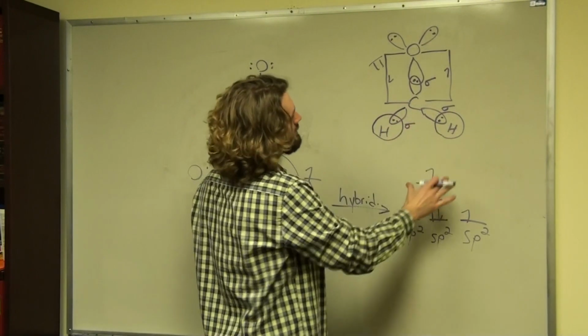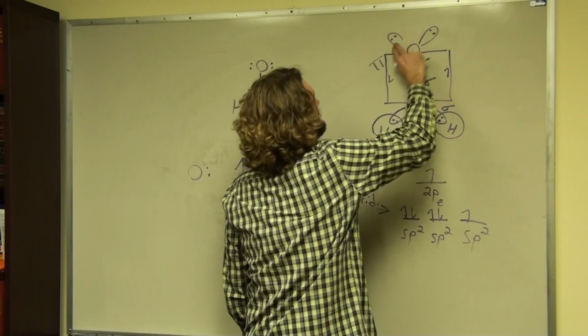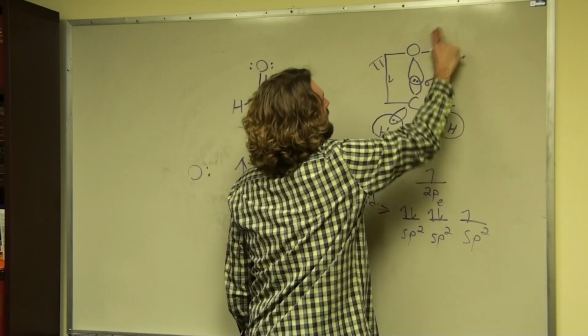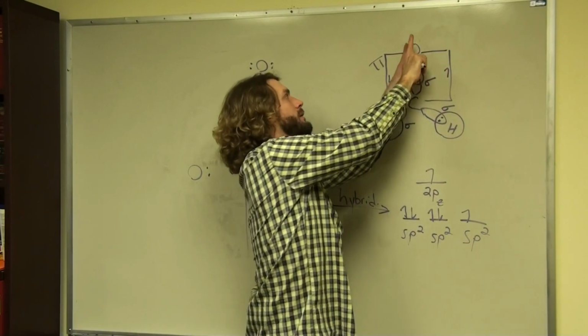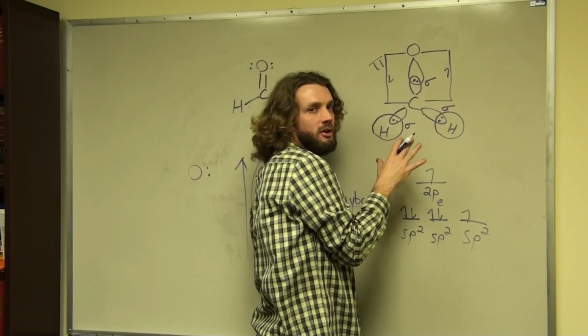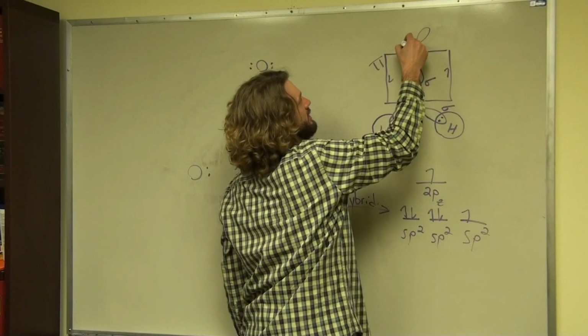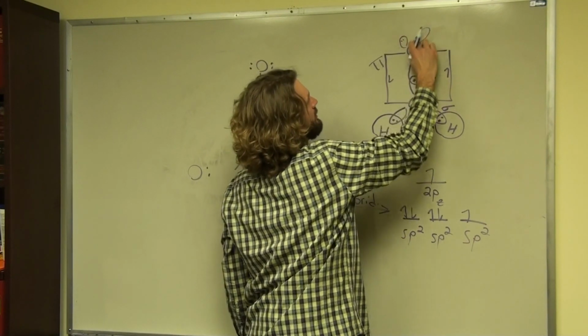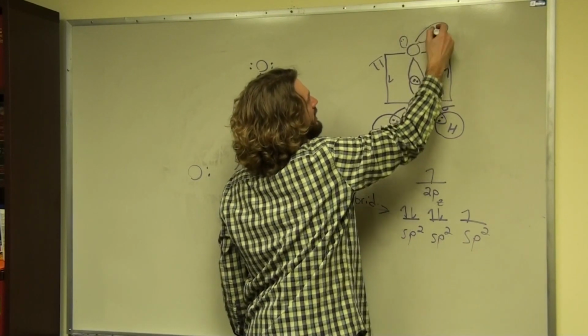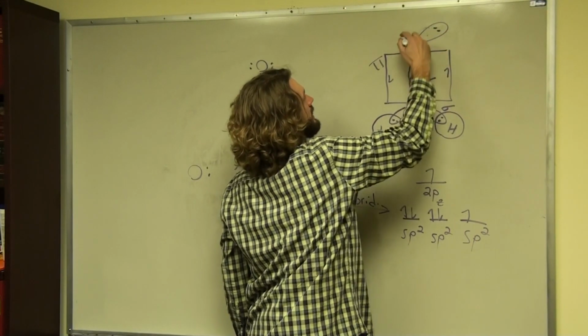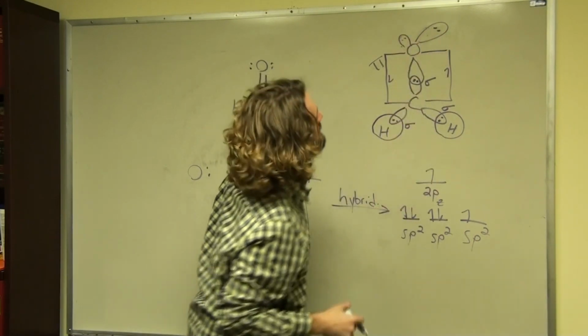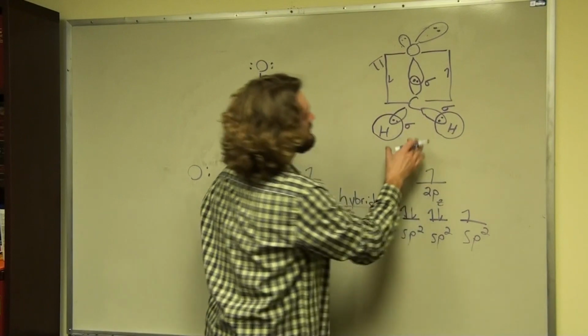Now what I didn't do a good job of showing is that these ears containing the lone pairs are going to be pointing into and out of the board the way I have it drawn, but depending on how you like to draw them, that's easier to show, right? So I can try to draw one bigger than the other to show that one's coming out of the board at you, one's going in. I'm not very good at doing that, but does that make sense?